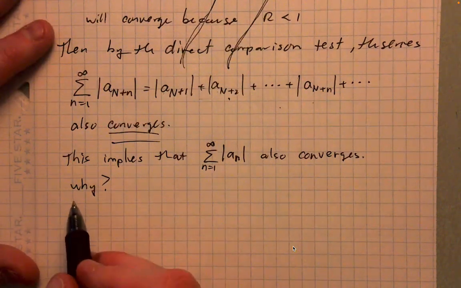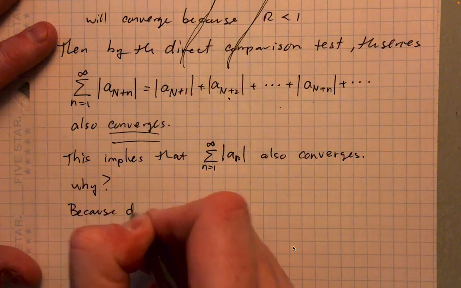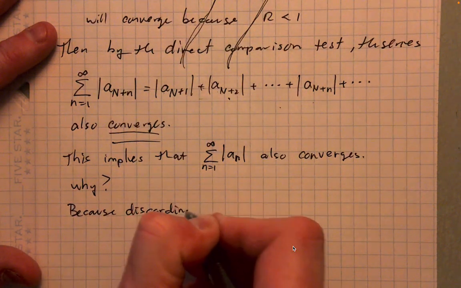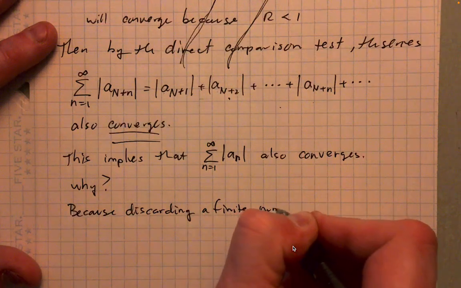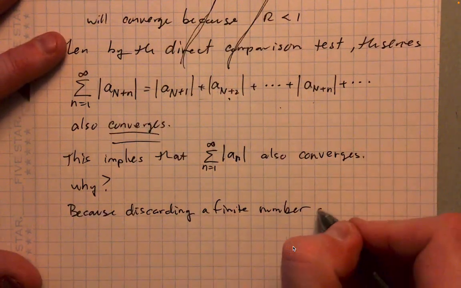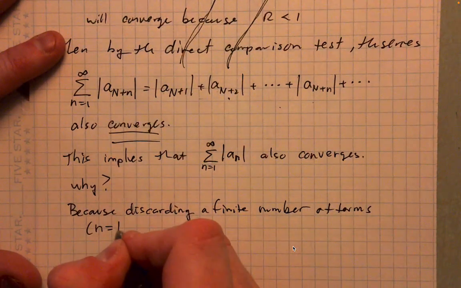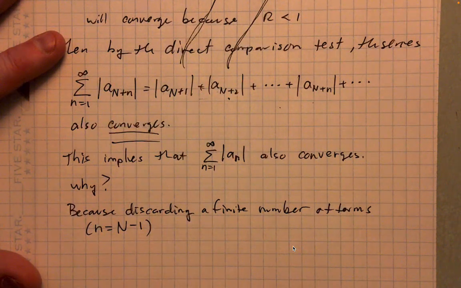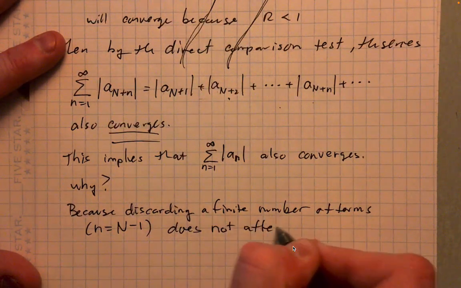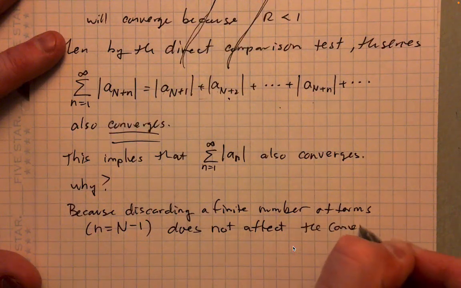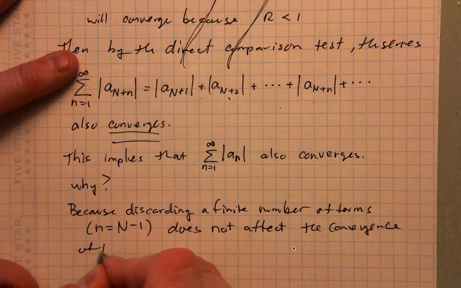So because discarding a finite number of terms, namely n equals big N minus 1, does not affect the convergence of the series.